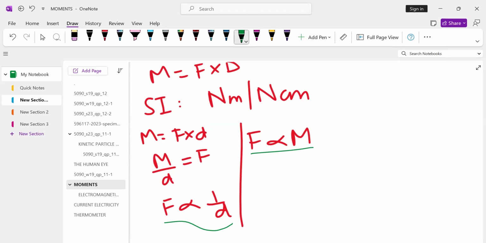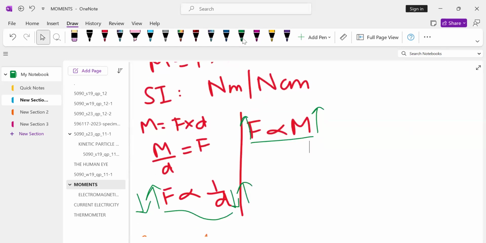So force is inversely proportional to distance. If the force increases, the distance decreases. If the distance increases, the force decreases. When the force increases, the moment increases also because it has a directly proportional relationship with the moment.